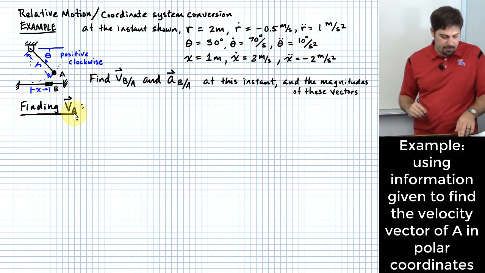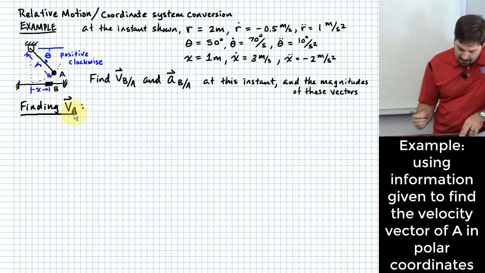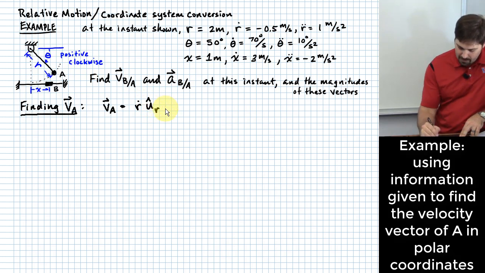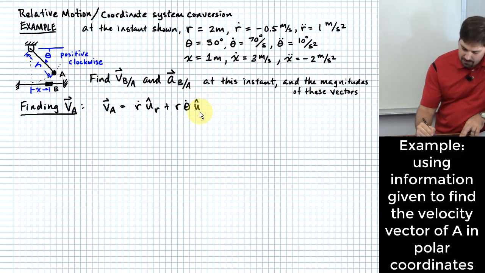There's a formula that we derived last time based on polar coordinates that says the velocity of A will be equal to r dot times the unit vector in the radial direction, plus r theta dot times a unit vector in this transverse direction that we label u sub theta.